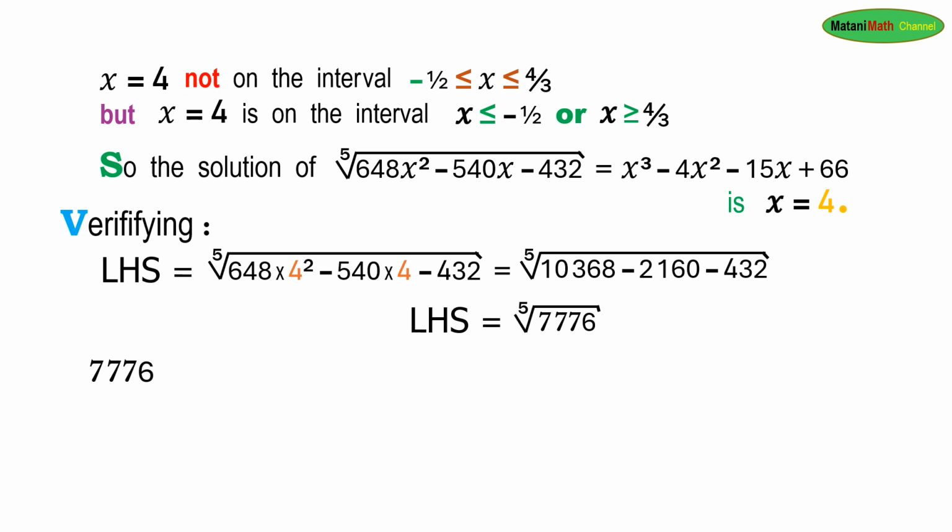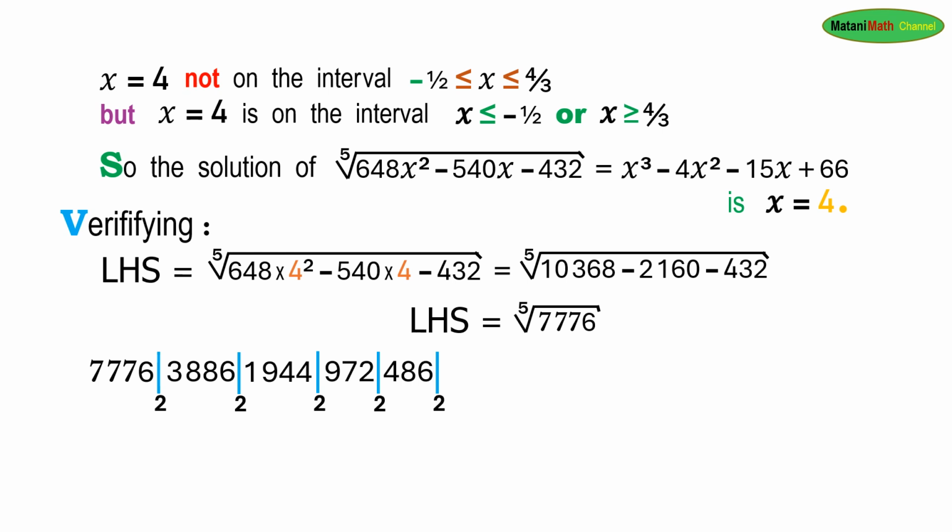Meanwhile, 7,776, if we divide it by 2, we will find 3,888. Divided by 2, we will find 1,944. Divided by 2, we will find 972. Divided by 2, we will find 486.